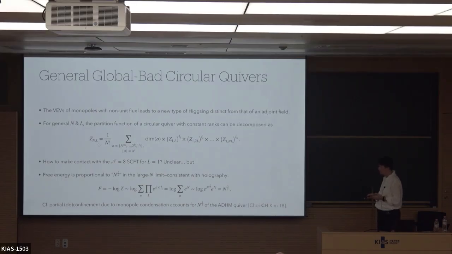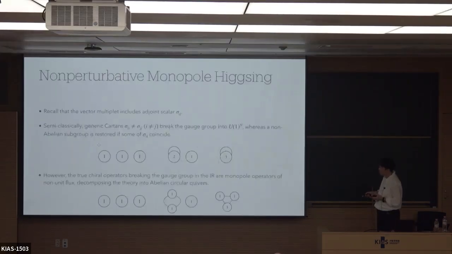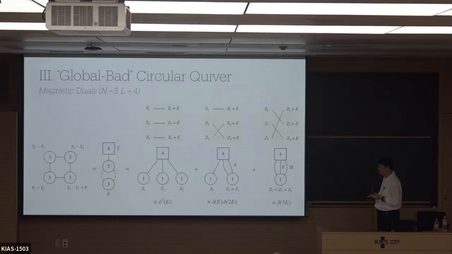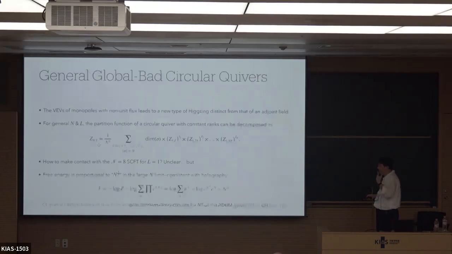And yes, for each frame you just have N. So usually you have 3 U(1), or sorry, here you always have rank 3 for each frame. At first it looks like we lose degrees of freedom, but it turns out this Young diagram summation provides exactly the e to the square root of N, and once combined, you recover this N to the 3/2 at the end. So it is consistent with holography.